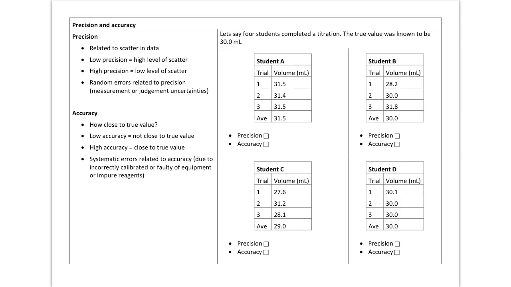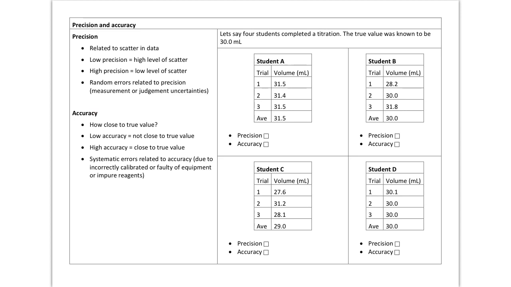When you have delivered from your pipette, have you done that in a consistent way? And have you got rid of that last drop in the same way each time, so you're not getting slightly varying volumes from problems with your measurement or your experimental technique, the repeatability of that technique.